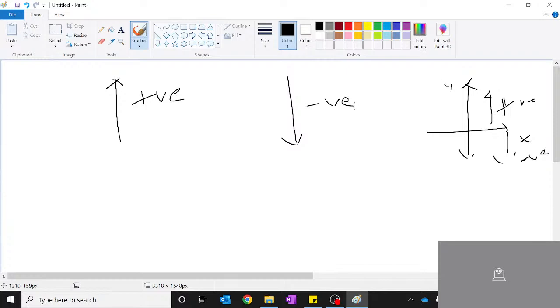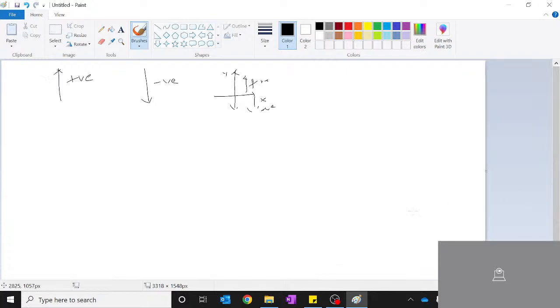All the kinematics formulas that you have seen earlier, and these two conventions, are all that you need to solve all the problems under motion under gravity. Clear? Now, let's go ahead and see.